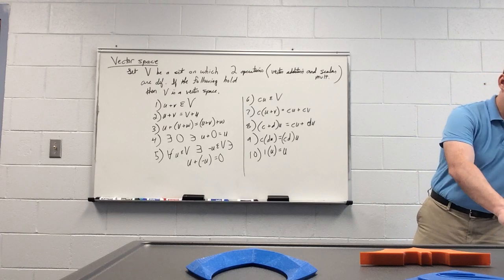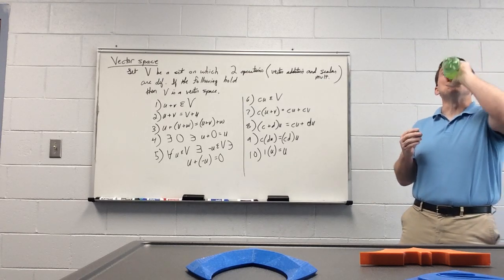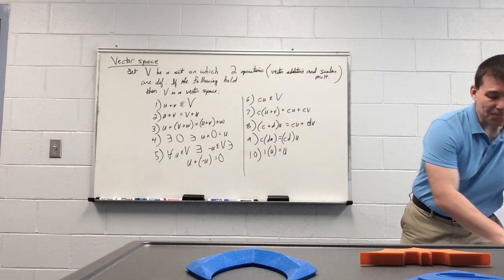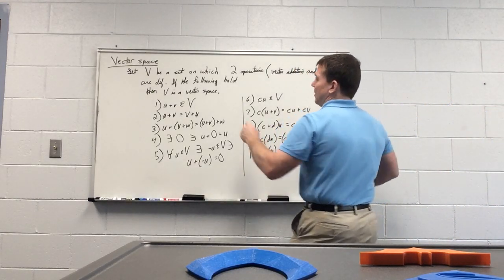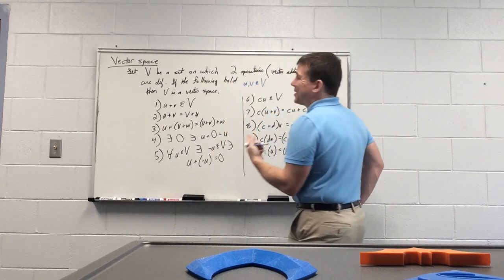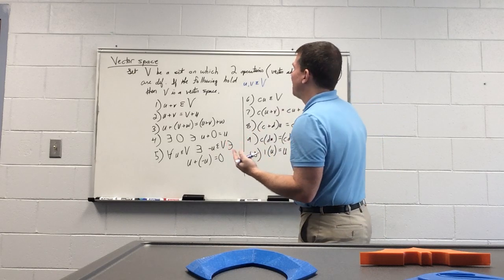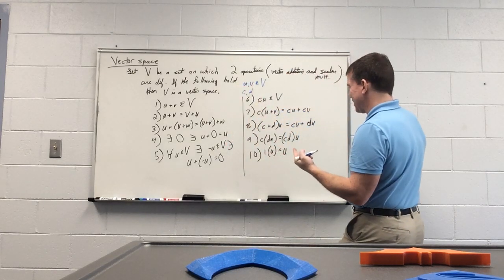Okay, now I have to switch colors. So we have all these things, and again, just be aware, maybe right up here we'll write u and v are vectors in the set V, and c and d, I think those are the only other letters I have.